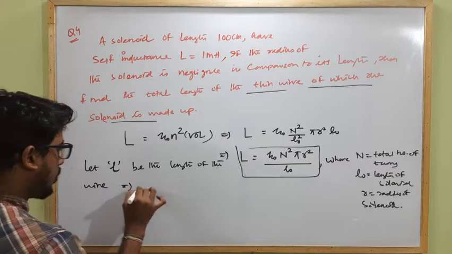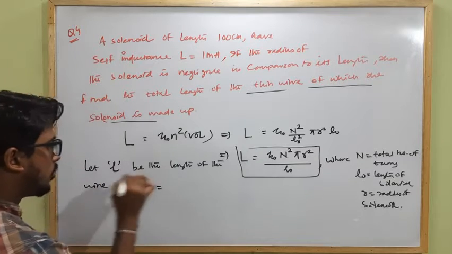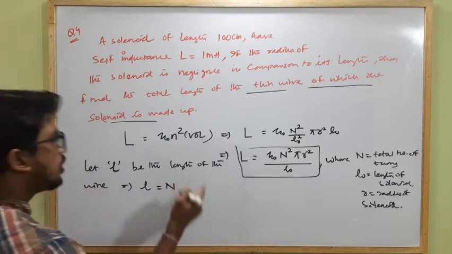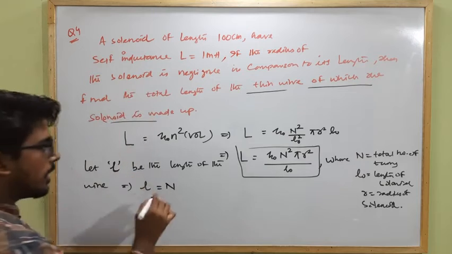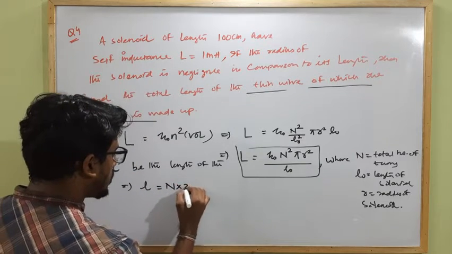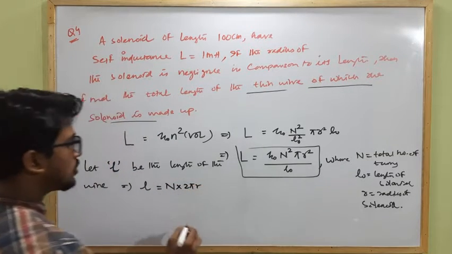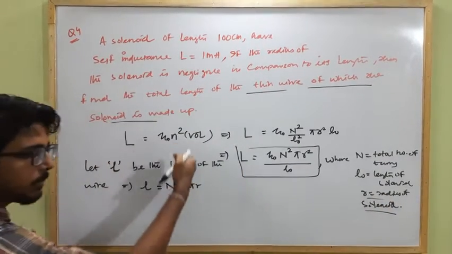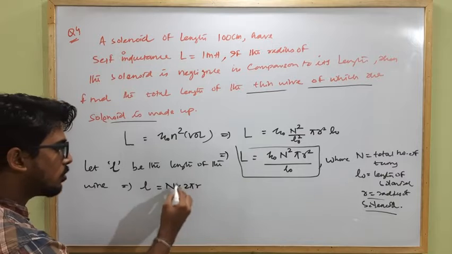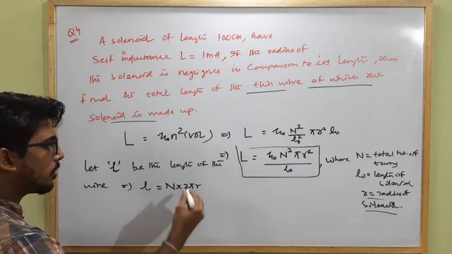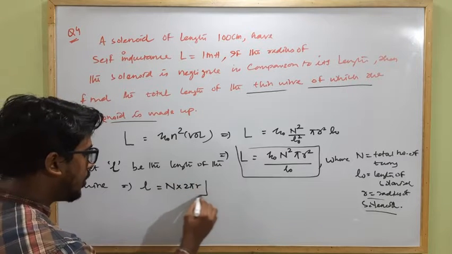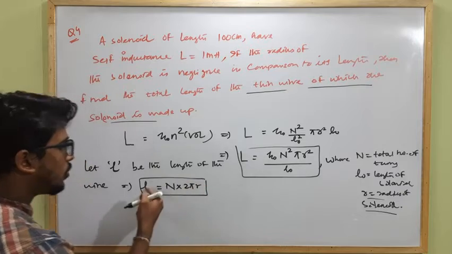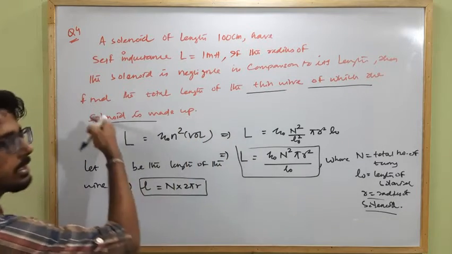So the complete length of the wire, small l, will be equal to what? The total number of turns of which the solenoid is made up into the length of a single turn, that is 2 pi r, as r is the radius of the solenoid. So for a complete turn, the length of the wire used is 2 pi r, and there are total N number of turns. So N into 2 pi r will be what? The length of the total wire which is used to make that solenoid.